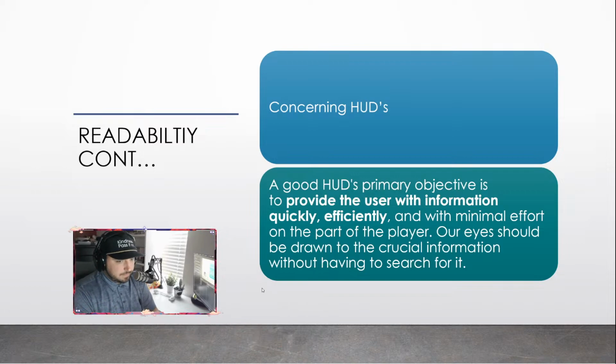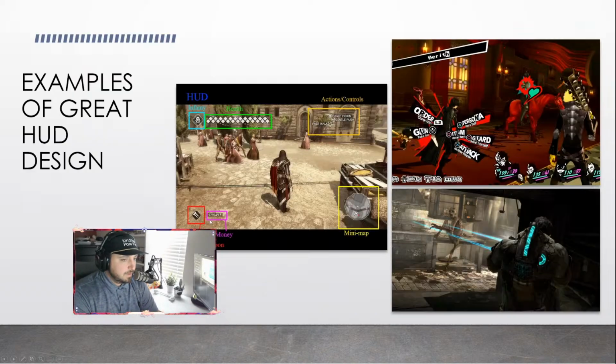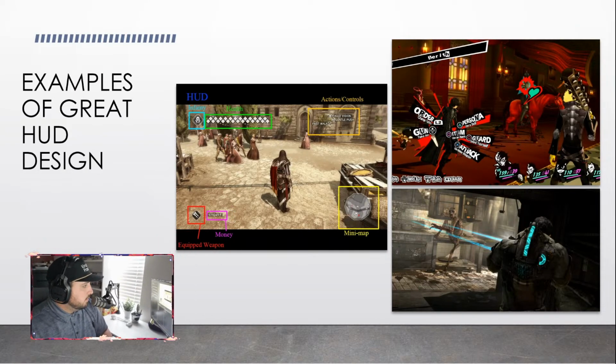Continuing on, here are some other great examples of good HUD design. We're talking about Assassin's Creed. I think this is Assassin's Creed Brotherhood. When you're playing this game, it's very easy to read what's happening here. Here's your infamy level.